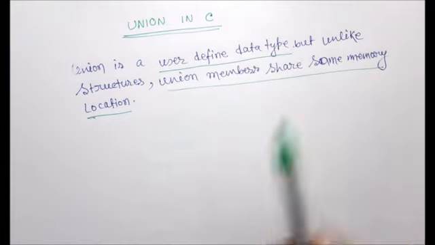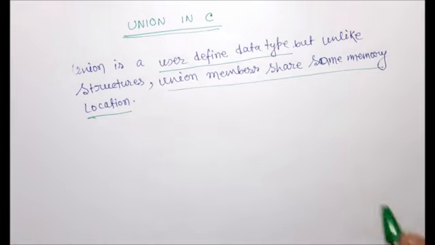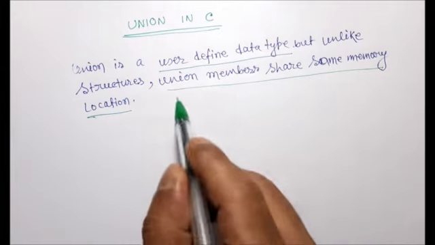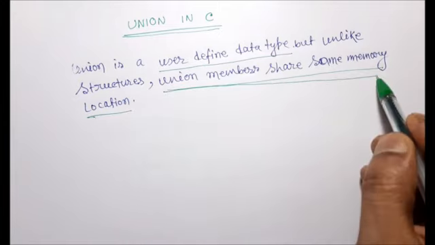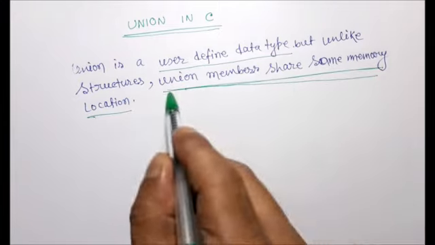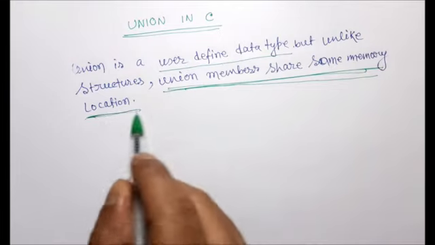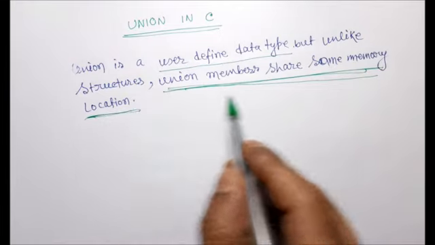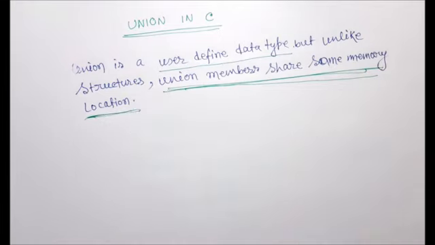So we have already covered the structure. Structure is a user defined data type. Here I am discussing the union, which is also a user defined data type. But the important difference is that union members share the same memory location. I will come to the details with an example so that you can get a clear idea.